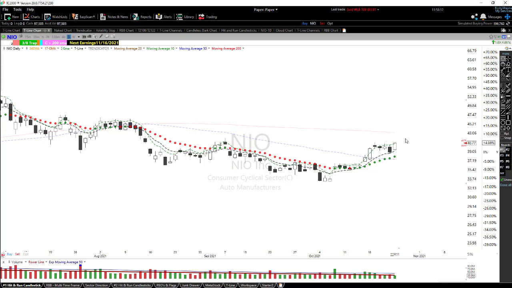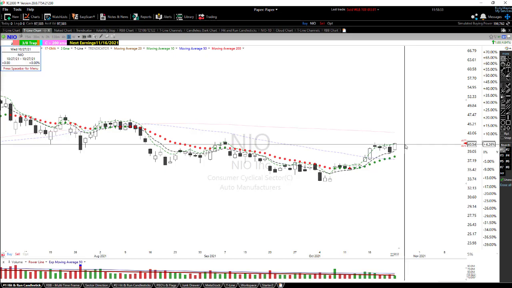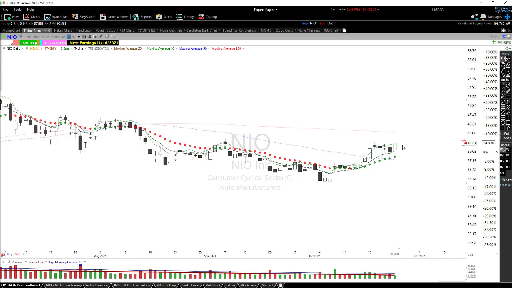He's a big scanner user, and I'm a big scanner user, but we may not use the exact same thing. We may be very similar in a lot of scans, but there could be some differences. But I know that we were both getting NIO popping up here, and several people bought this in the room today. So when I bought this, I posted it out in the room, and it also went out to those that have the app.